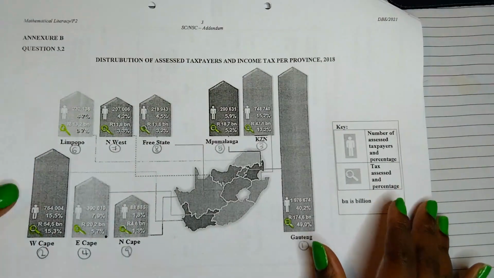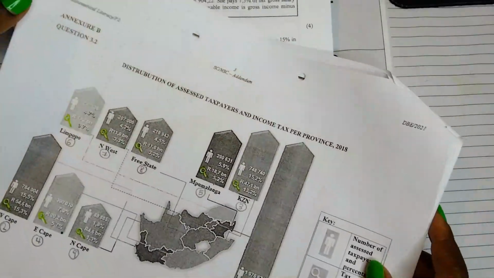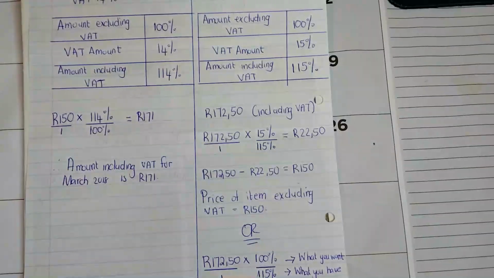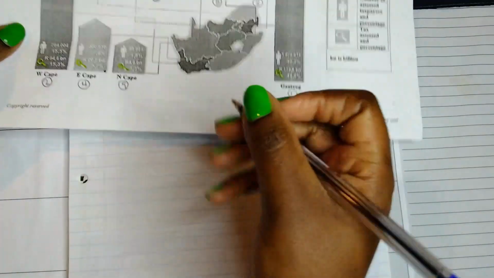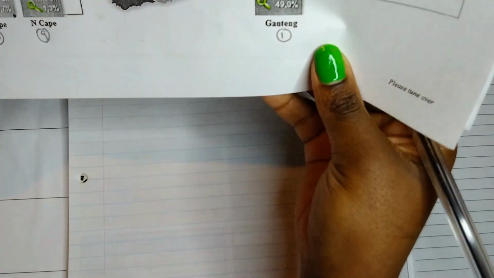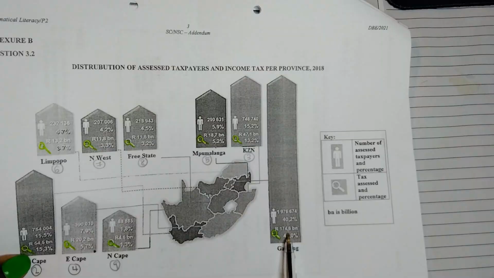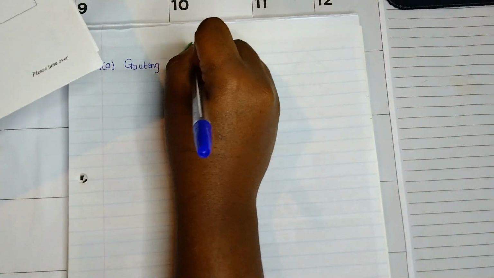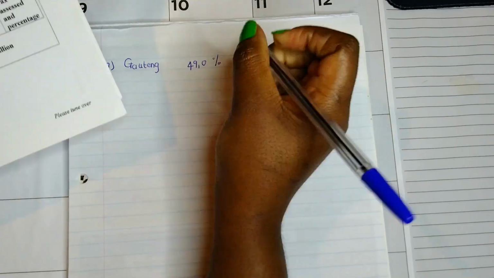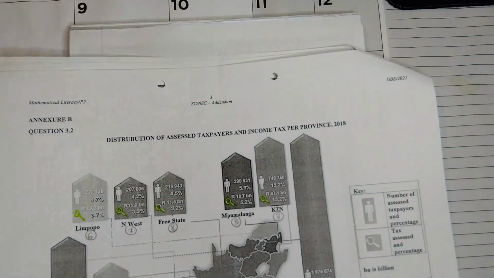So I'm just going to put all these provinces in descending order. Like I mentioned, descending order is from biggest to smallest. So we said that the first province is Gauteng. Gauteng is 174.6 billion, or you can say 49.0%. The second one was Western Cape, which is 15.3%.